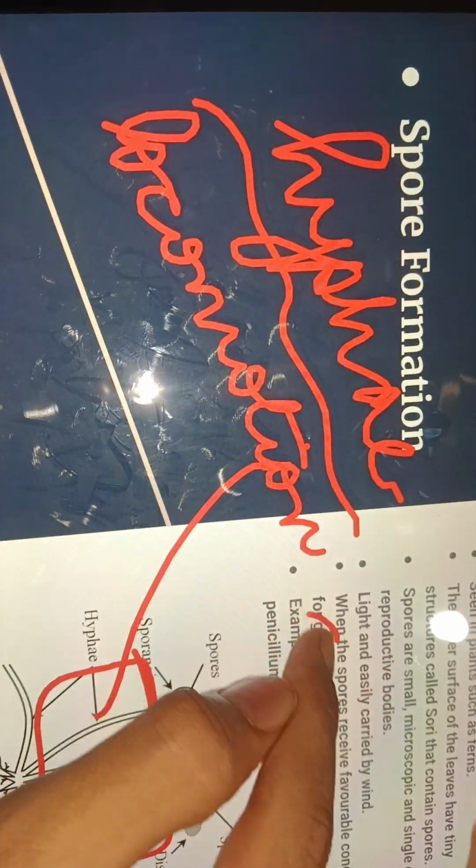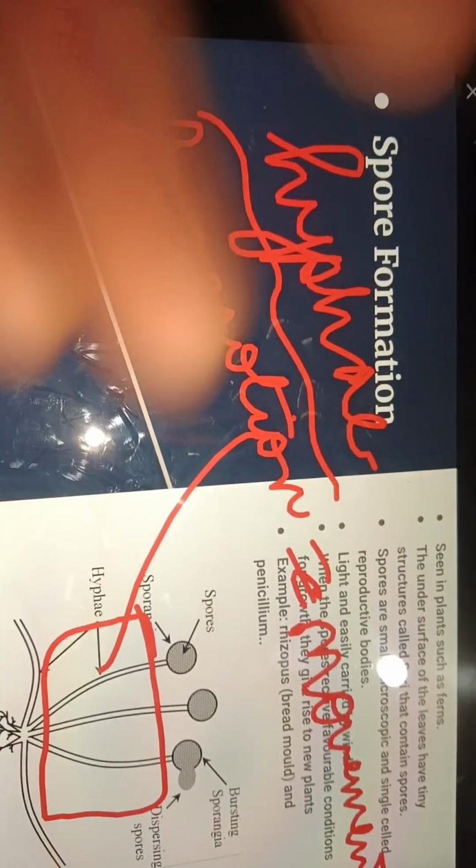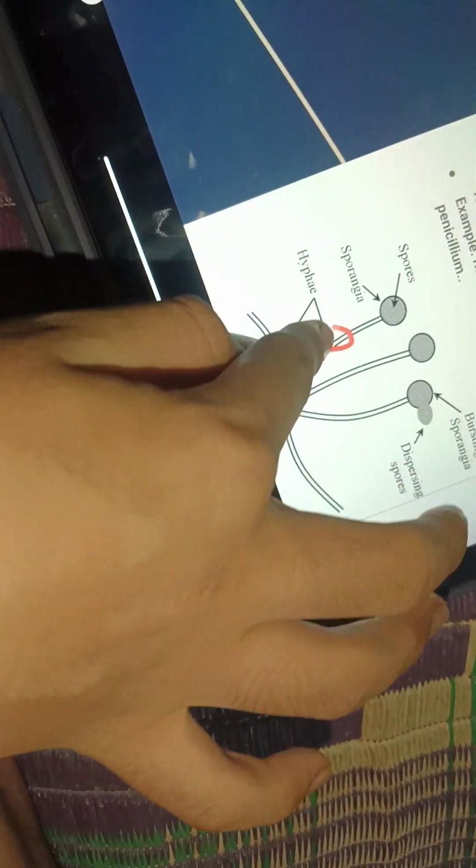Now you might be asking, what is locomotion actually? Locomotion means movement. So hyphae help in the locomotion of fungi, that is, in the movement of fungi. When there is one, it is a hypha.